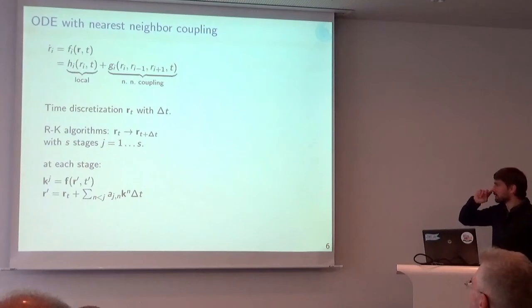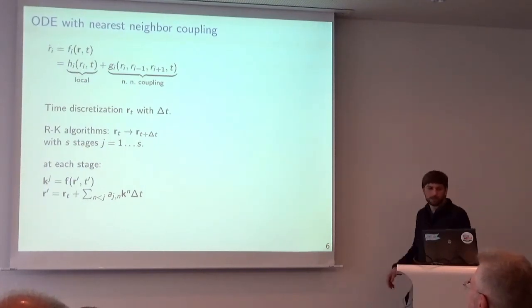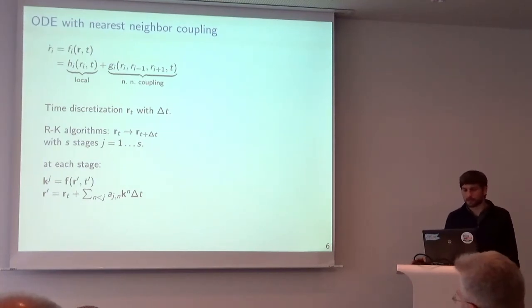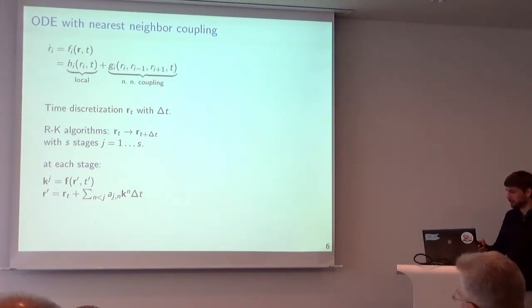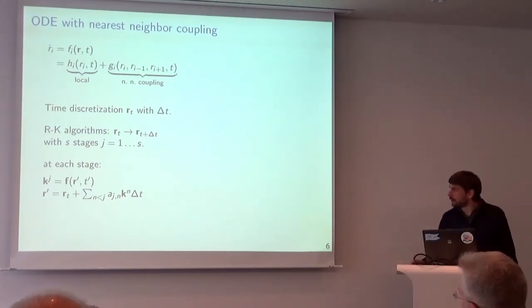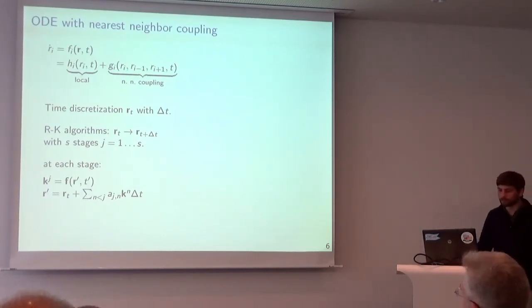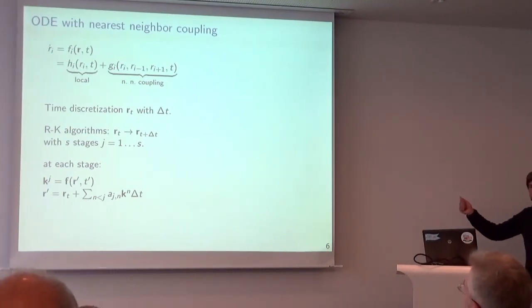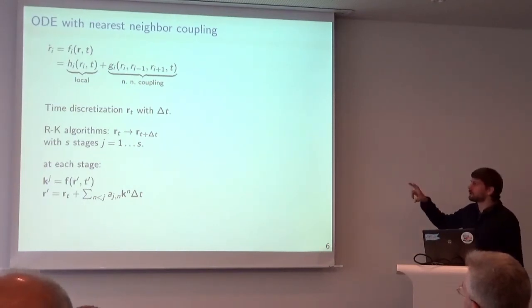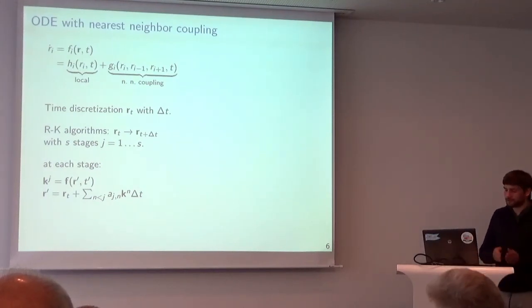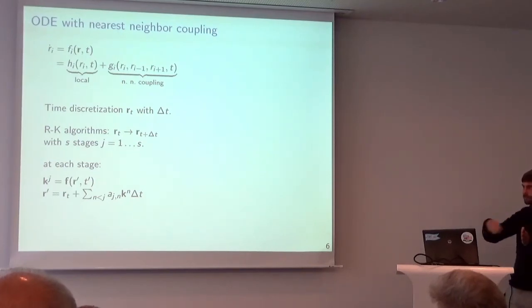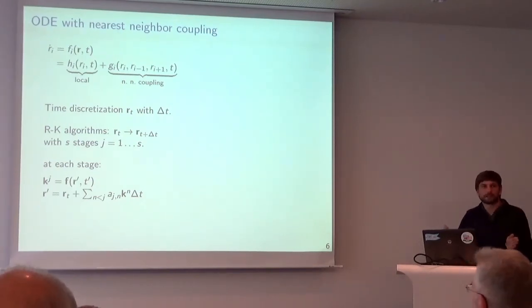I hope. Again, we do the numerical approach. We discretize time, and we do a time evolution from one time step to the next one. But here, let me go a bit more into detail because this will become important now. What I'm using for this time evolution is a so-called Runge-Kutta algorithm, which takes the state of the system at time t, does some rather complicated computations, and gives me the next state.